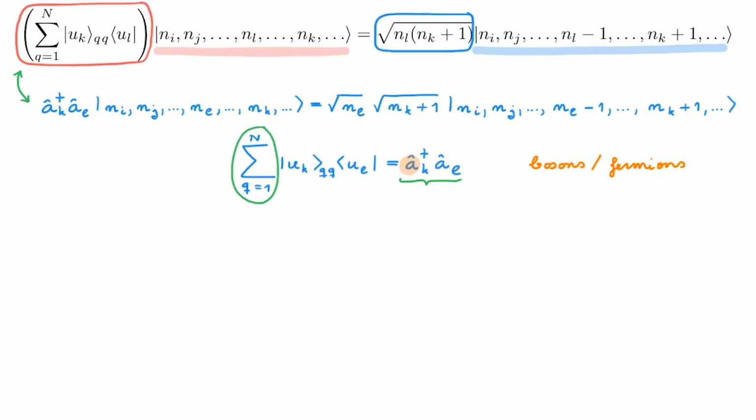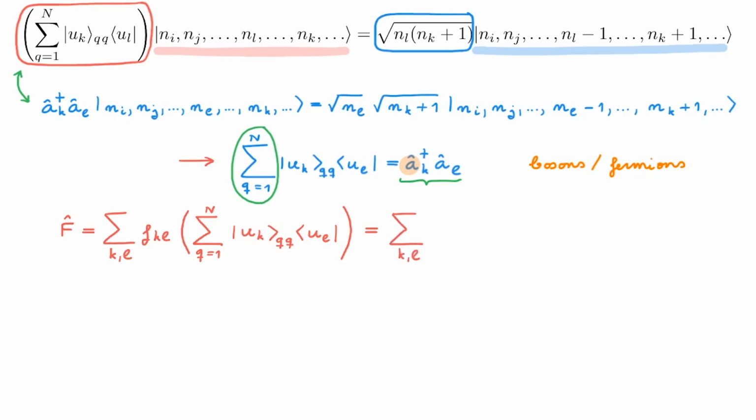To finish, we bring back the complete one-body operator f as equal to the sum over kl of fkl, and then the sum over q of the outer product of uk and ul, and using this result we can rewrite it in second quantized form as the sum over kl of fkl ak dagger al. Yay, we're done!